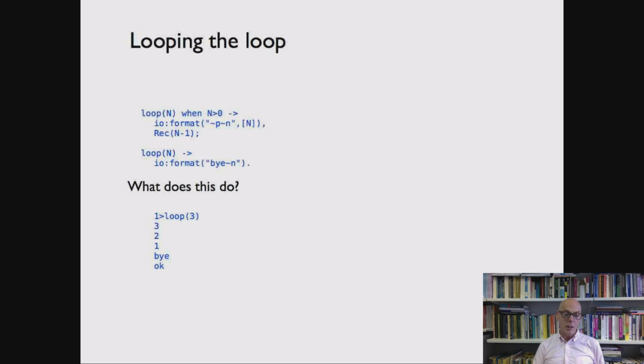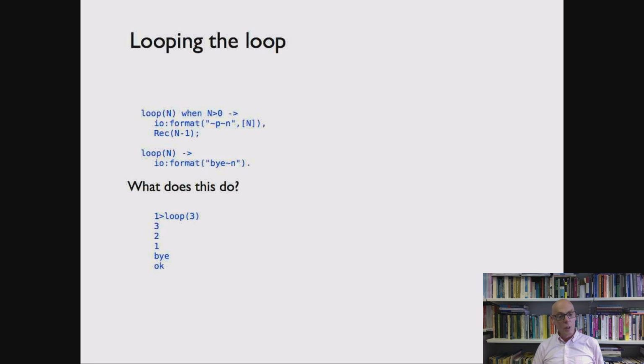Just to reinforce that, let's look at another example. Here's a loop function that, when called with n greater than 0, calls the function io:format, and then calls loop at n minus 1.